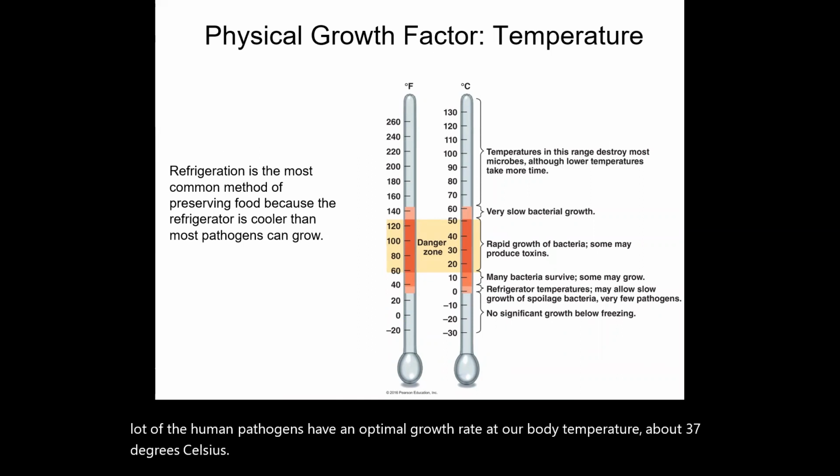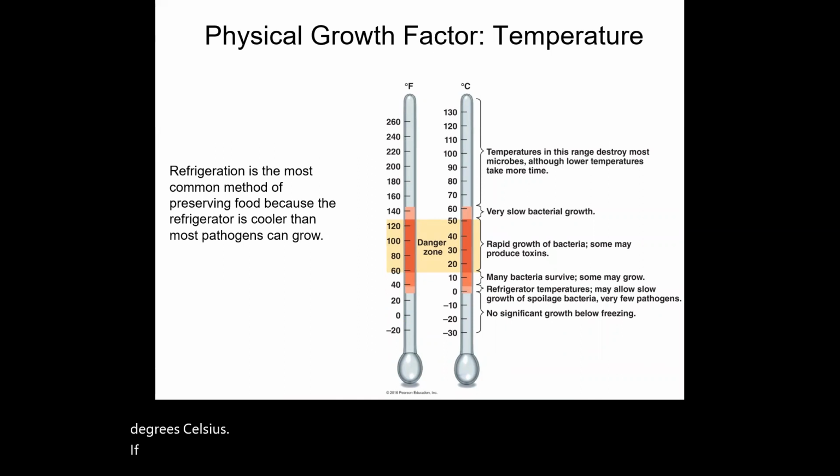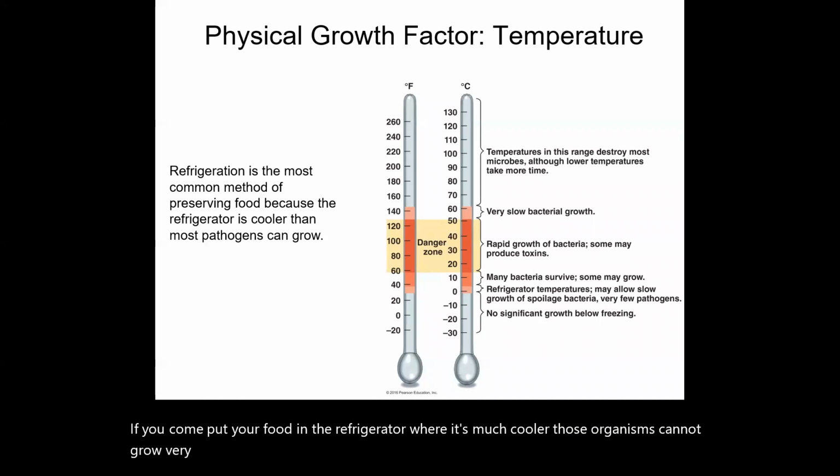But if you put your food in the refrigerator where it's much cooler, those organisms cannot grow very quickly. Now, they will not die in the refrigerator, but their growth time is significantly slowed down.